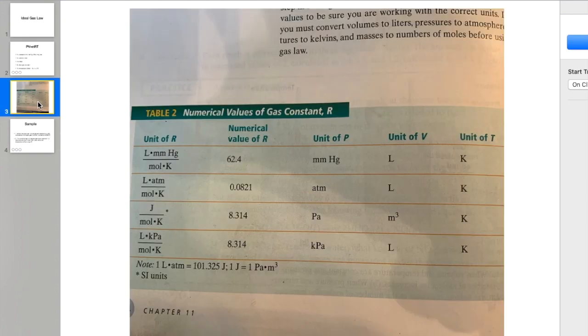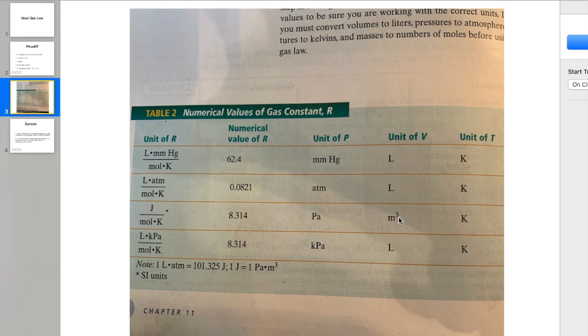Here's a picture out of the book, and you can see right here the numerical value for R. It changes from 62.4 to 0.0821 to 8.314, and it depends on the units of pressure. And it depends on the volume, but we're going to make sure that the volume is always in liters.